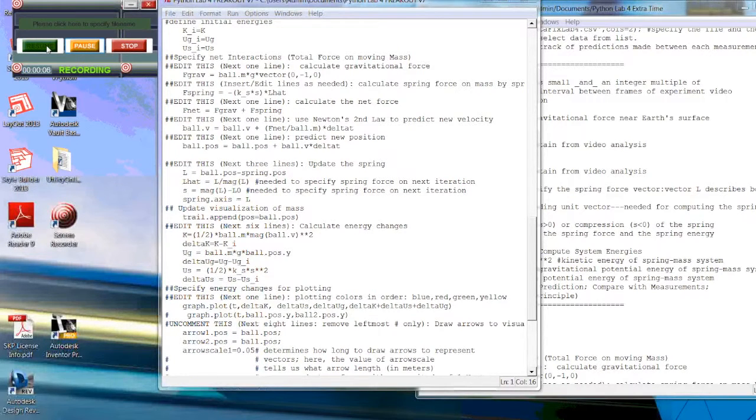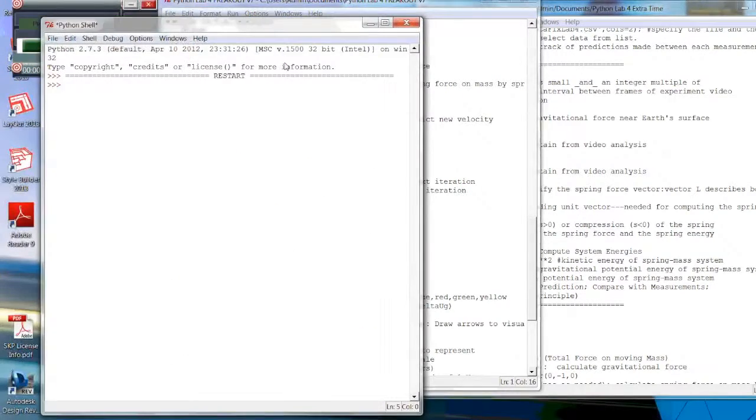Several other things I needed to change were how to calculate the energy changes, the spring's update, and also the calculation of how much energy there is in the system. After that, I input my data received from Tracker and ran my module, and here are the results.